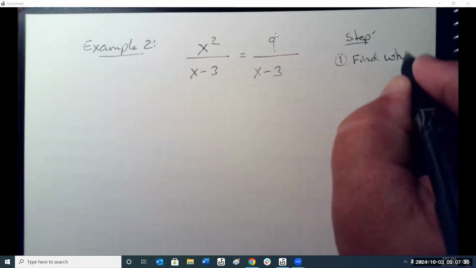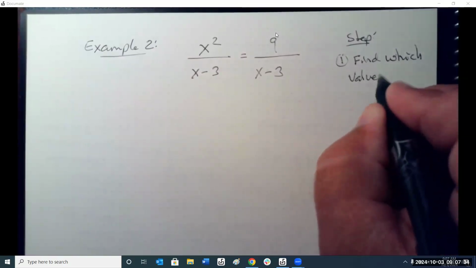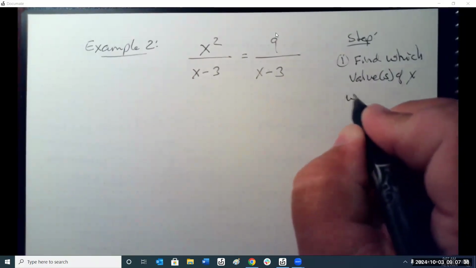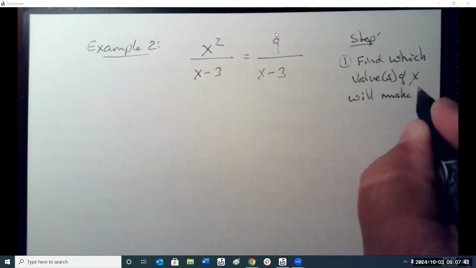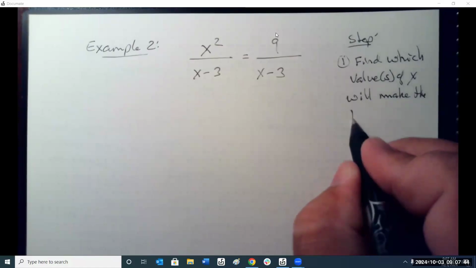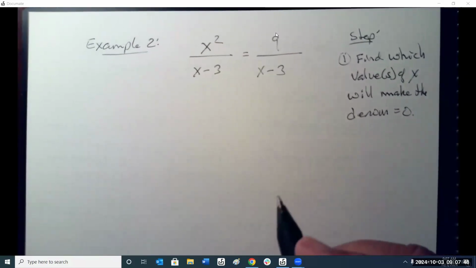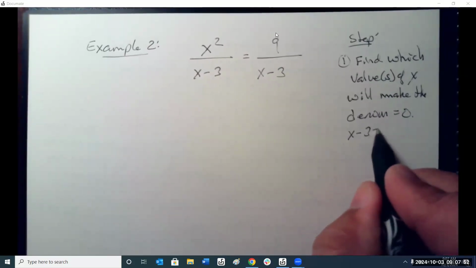Find which value or values of x will make the denominator equal to 0. In this case, they're both the same. Set them equal to 0.